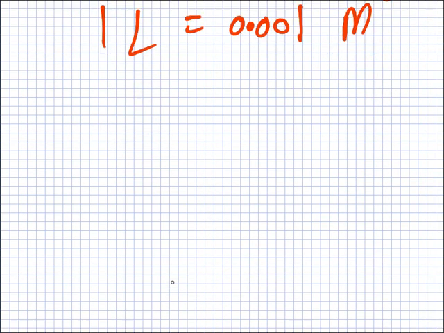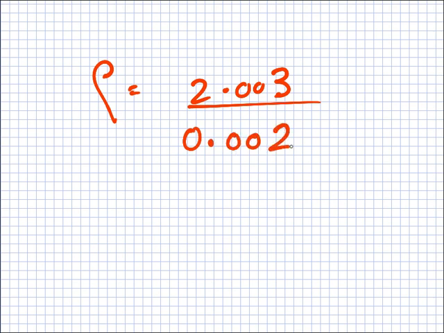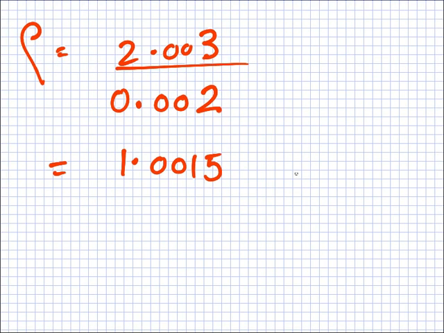And so the last part is the only kind of tricky part. It's the combined density, which would be the total mass, which we said is 2.03, didn't we? And over the total volume, which we said is 0.002. Wasn't that what we said? Yeah. So what do we get here? 1.0015, was it? Is that right?